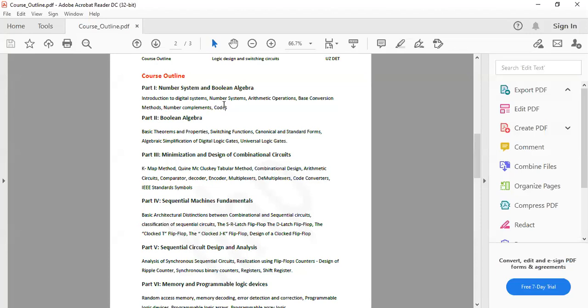So, what is logic design? How do I participate? There's a thing about participation. I always say when you participate, you get noticed. When you get noticed, my negotiation and my marks, it gets easier.